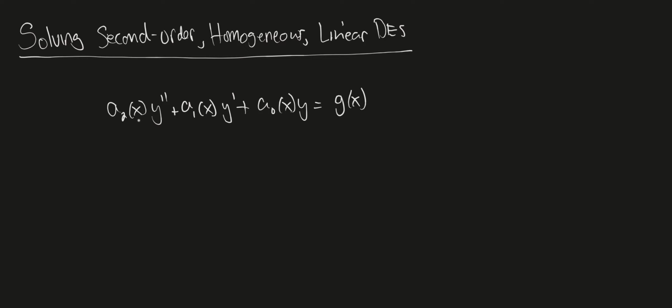So the first type that we will learn how to solve, there are two important requirements that we have to make. One, it has to be homogeneous. So we're going to make this function on the right-hand side equal to 0. Two, it turns out when your coefficients are not constants, it becomes more challenging to solve.